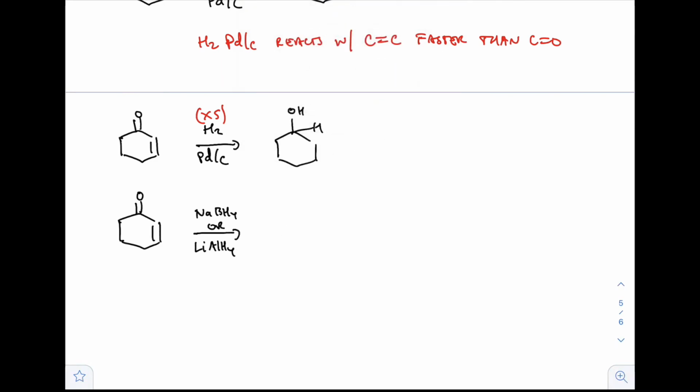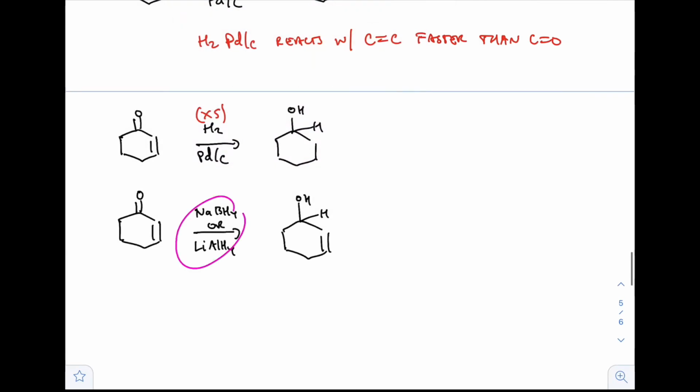What's going to happen? Well, we don't touch the alkene at all, and we only hit that carbonyl group, so we selectively form the alcohol and leave the double bond there. So we do not touch the C=C double bond.